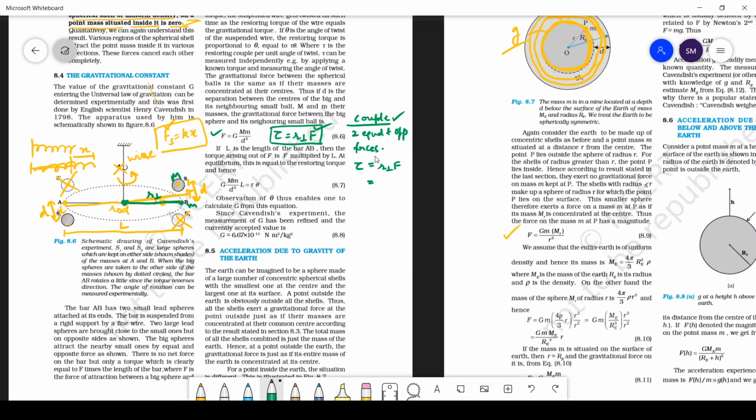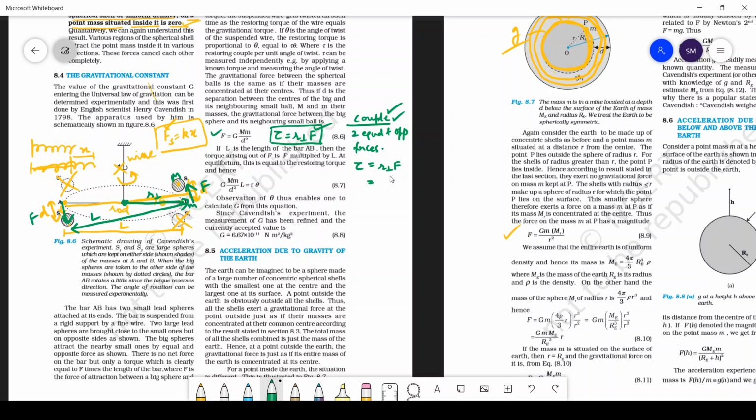But in this case, when we have a couple, because we have two forces in equal and opposite directions, it doesn't depend on where we take the axis of rotation or origin. It's simply the perpendicular distance between them, that is the length of the rod, L.